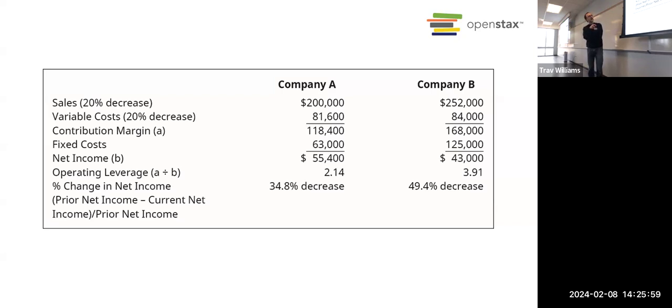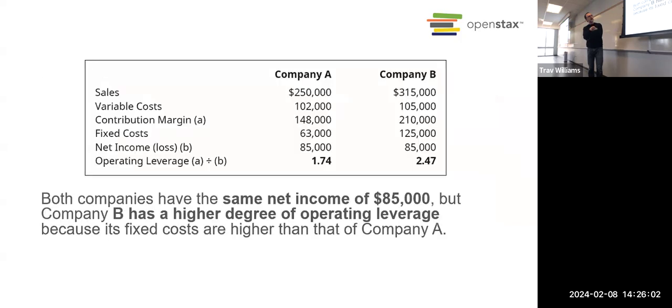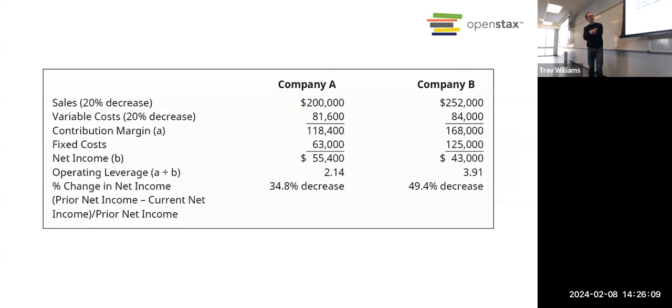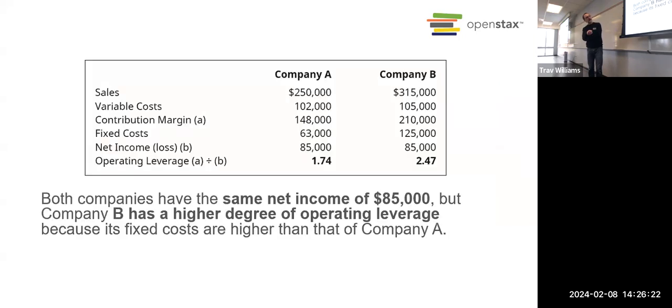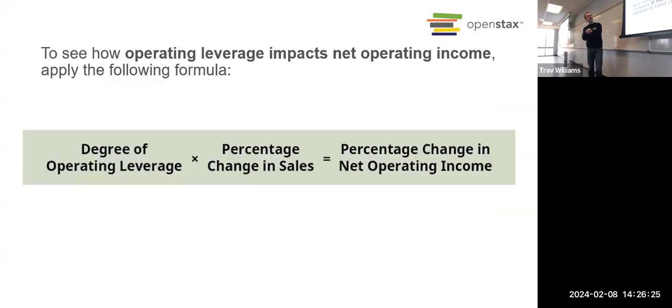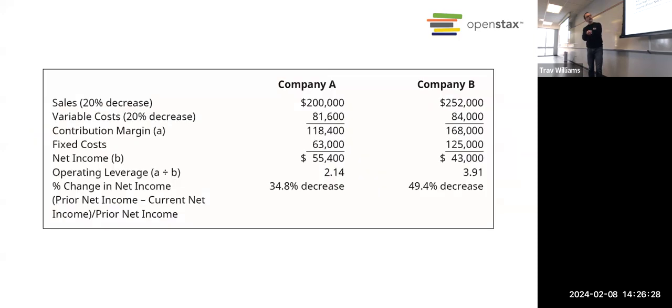Now, if you take that 20% decrease and multiply it by their old operating leverage, so 1.74 times the 20% decrease, it will equal a 34.8% change in net income. And same thing with the other company. They had a 2.47 operating leverage. If you multiply that by the 20% decrease in sales, you get a 49.4% decrease in income. Okay.